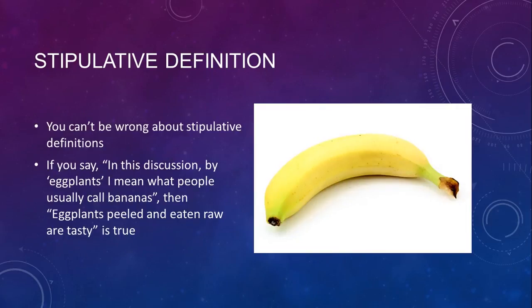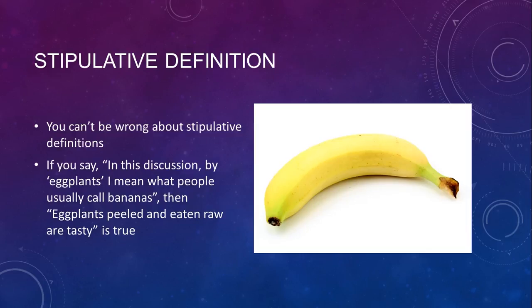The nice thing about stipulative definitions is that you can't be wrong about them. So if I say, in this discussion by "eggplant" what I mean is what people usually call bananas, and then I say eggplants peeled and eaten raw are tasty, that's true, assuming you think bananas peeled and eaten raw are tasty.